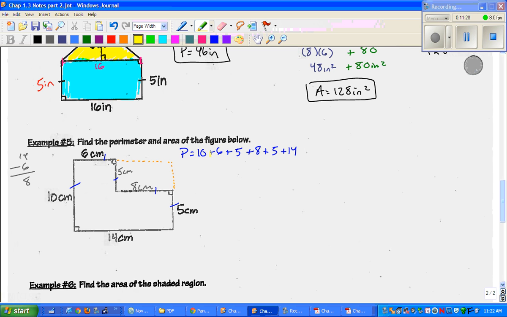Okay, so I'm just going to bunch these up in some groups. 10 plus 6 plus 5 gives us 21. Over here we have 8 plus 5, which gives us 13, plus 14, which gives us 27. And so our perimeter altogether equals 48 centimeters.